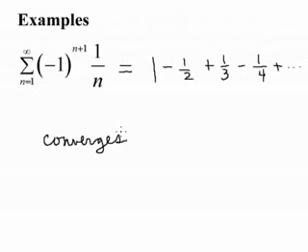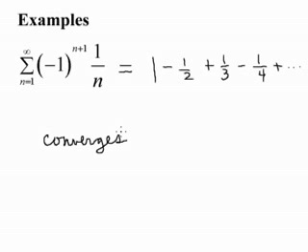Let's take a look at an example. How about the alternating harmonic series? We had seen the sum of 1 over n before. By the integral test, the harmonic series, the sum of 1 over n, all positive terms, diverges.